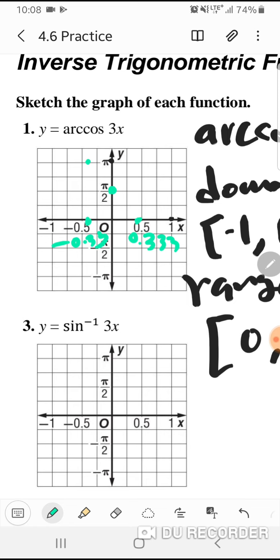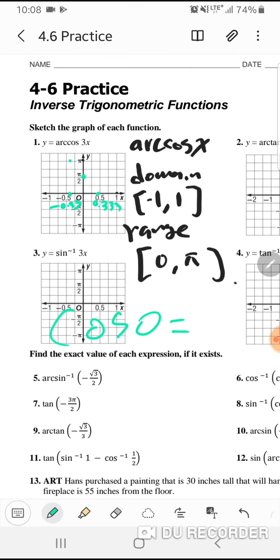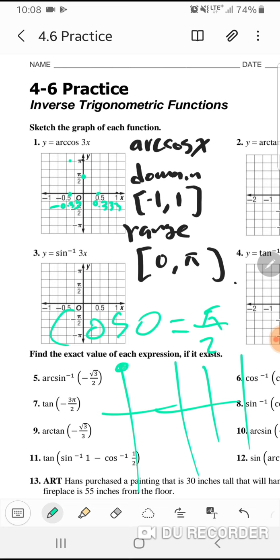So if we put the arc cosine of 0, we know that cosine equals 0 at pi over 2, because if we just graph this, that's 1, that's 0, that's -1, and then that's -1, and then that's 0, that's 1, so that is pi over 2.